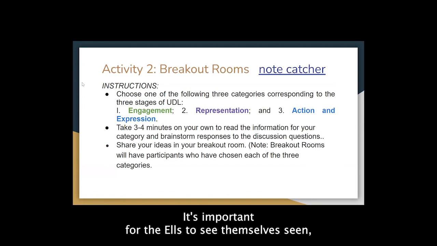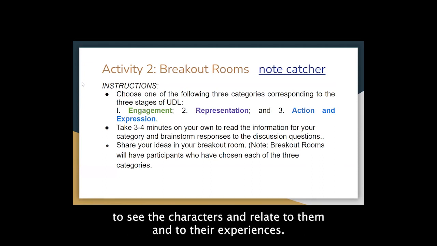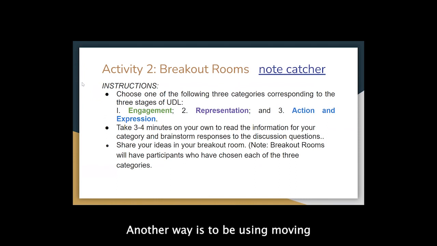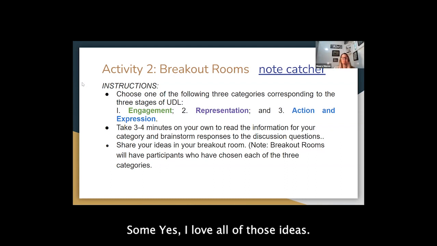It's important for the ELLs to see themselves in the characters and relate to them and to their experiences. Another way is using movement to teach vocabulary. And also, for discussions, using translations and translanguaging to teach vocabulary. Awesome. Yes, I love all of those ideas. Thank you so much for sharing. You're welcome.